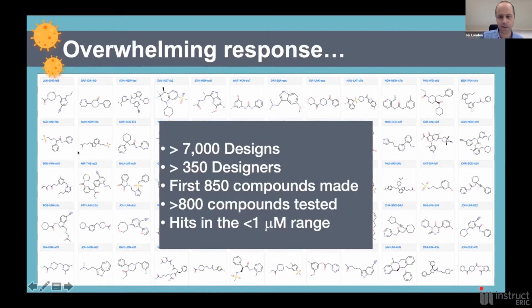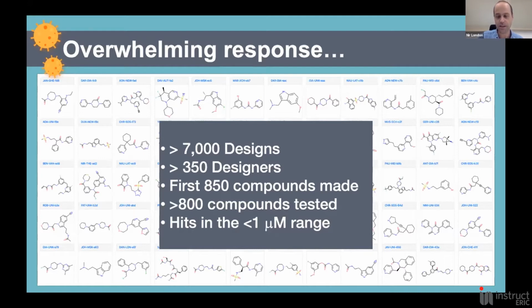To sum up, I think this is a little bit outdated, but it gives you a sense of the magnitude. Within a few months, we got more than 7,000 different designs from 350 different people. We were already able to make, and at this point, I should mention that Enamine, a chemical synthesis CRO from Ukraine, really helped us out in this project and contributed resources almost at cost.